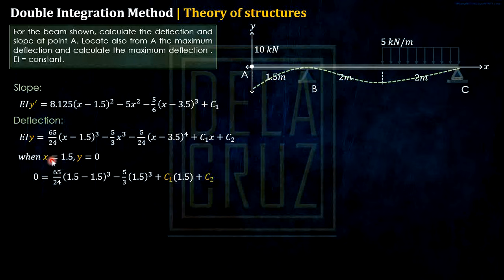Then let's substitute x here, but take note of this: the moment arm of our equation cannot be negative. Look at this. These are the moment arms here, the quantities with x.